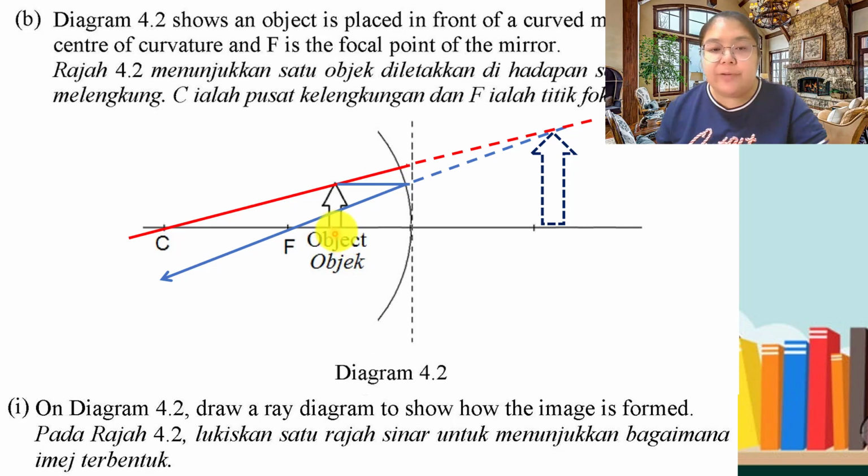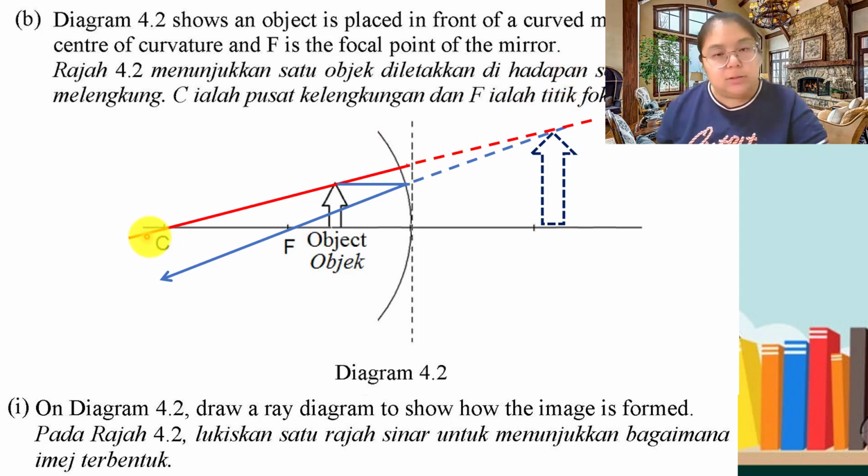So maybe your F is located here. When you draw the first ray parallel, then go to F, your dotted line must go higher, because you go straight parallel, then find F, and after finding F you need to extend.